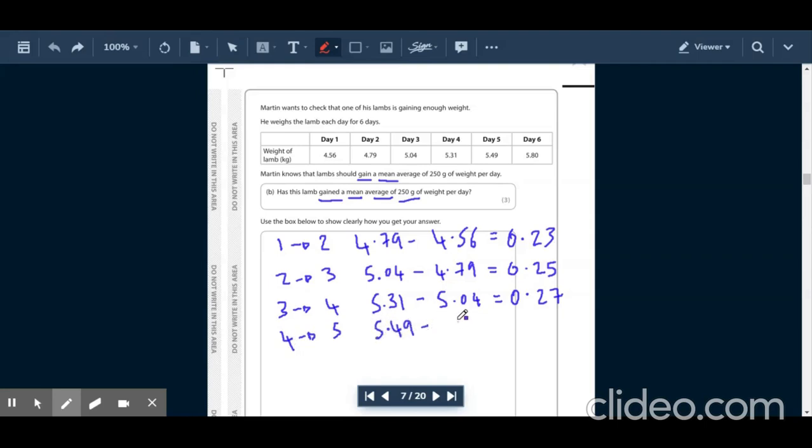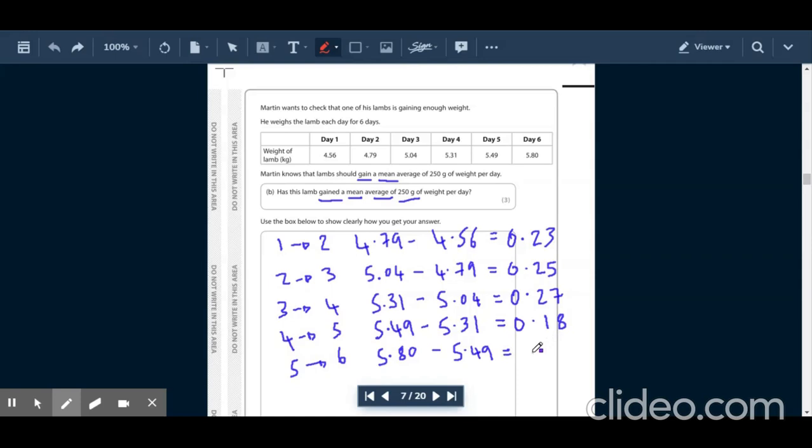5.49, take away 5.31. So that difference is only 0.18. And then between day 5 and 6, 5.80, take away 5.49.